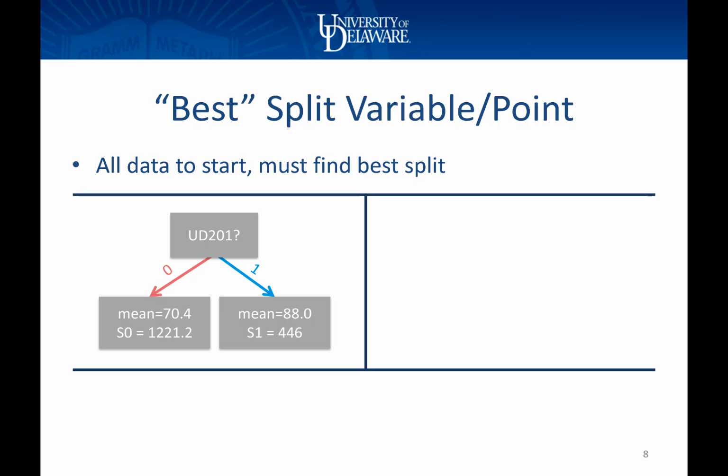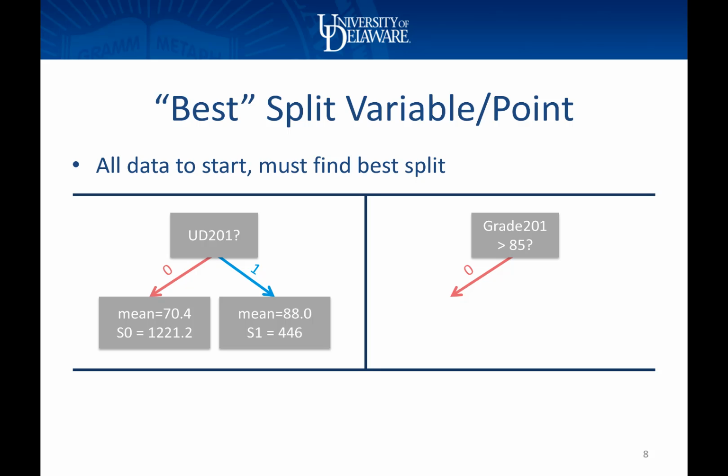Let's consider a different possible split. Now again, we're going to go back to all 10 observations because we're still just trying to locate the best split. We haven't actually split yet. What if we split on the grade from their 201 class? Did they score better than 85, worse than 85?